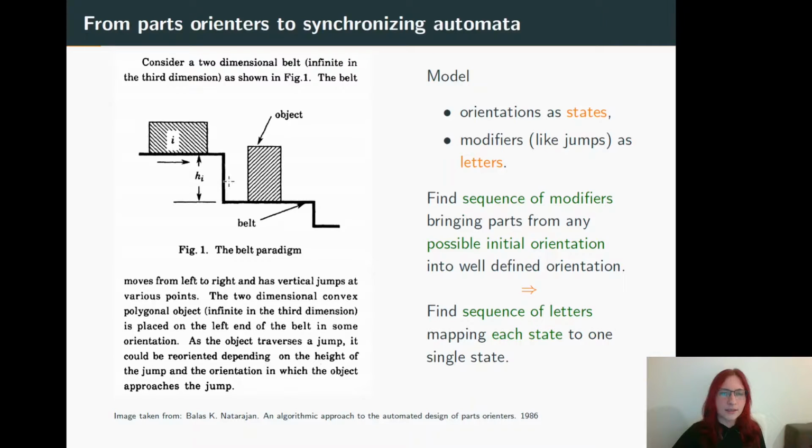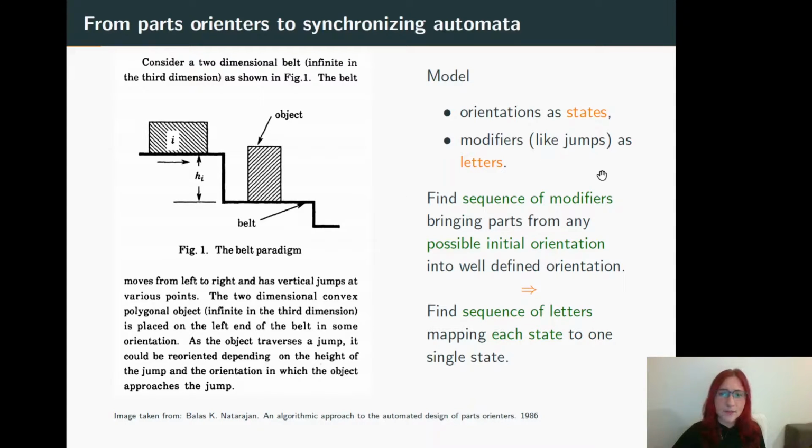And in this example, the modifiers consisted of jumps of a certain height, or they can consist of a wall against which the tile slides, and so on. And what Natarajan did is he modeled the possible orientations as states of an automaton, and the modifiers, like small jumps, as letters.